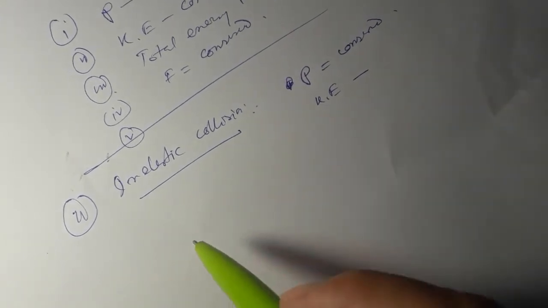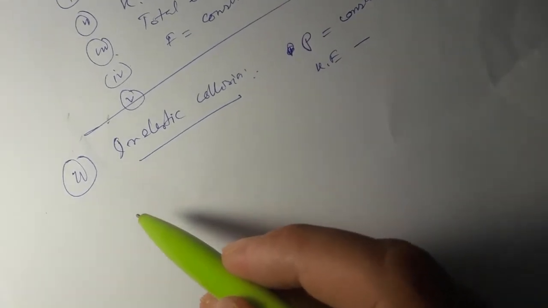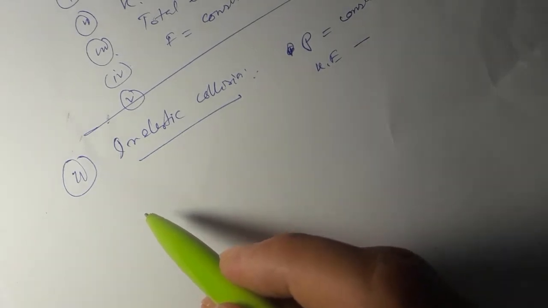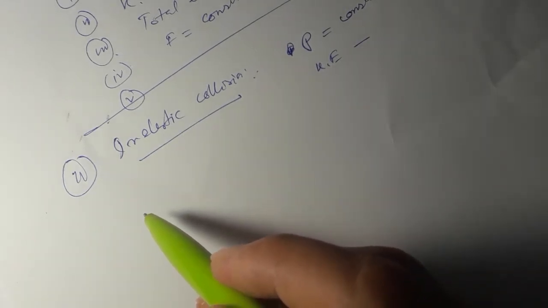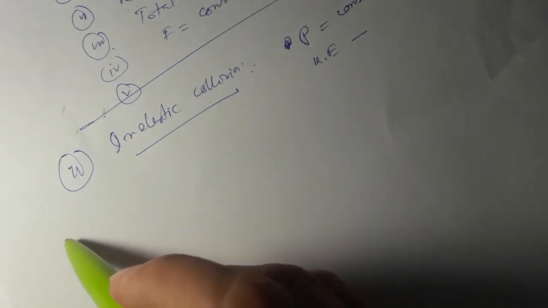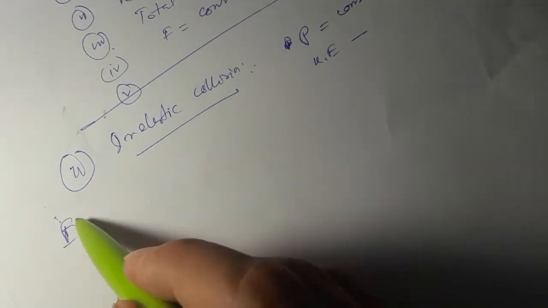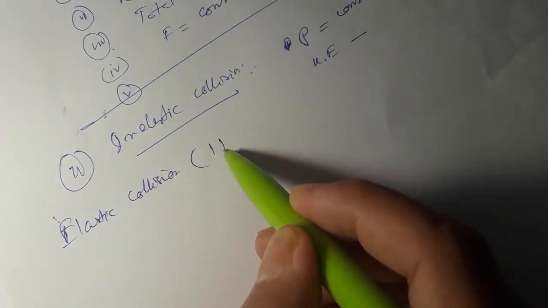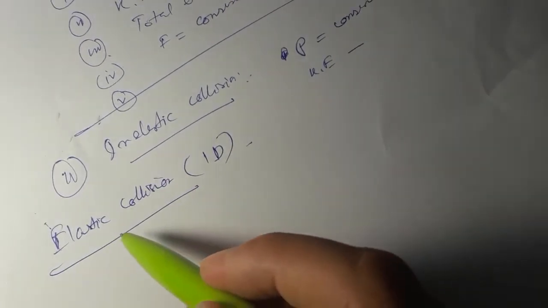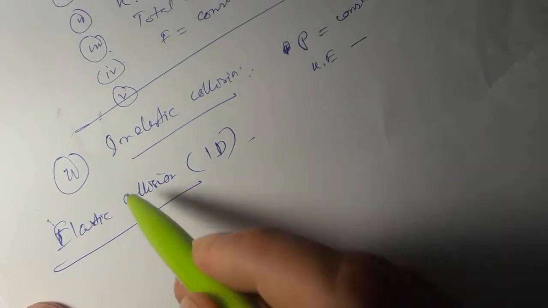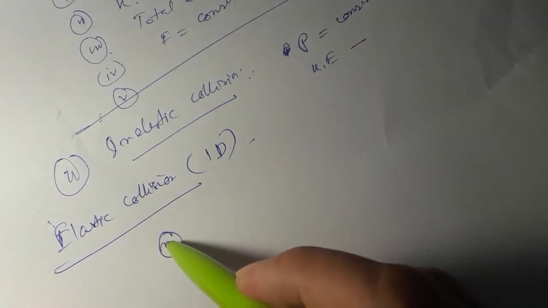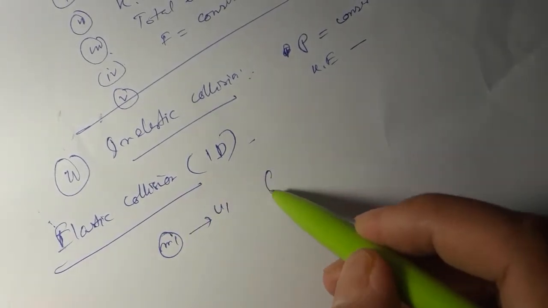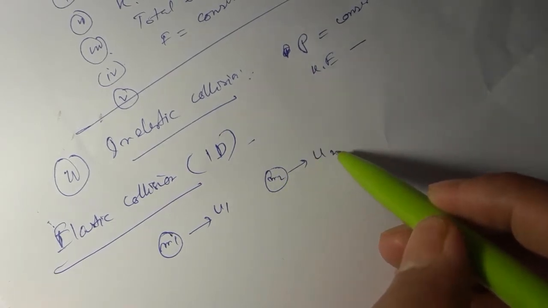Now, this derivation is a very lengthy one. I'll not do all the derivation, I'll just highlight the important formulas only. Let's take the case of elastic collision in one dimension. Let us consider the same case again as before: m1 with u1, the second mass m2 with u2.